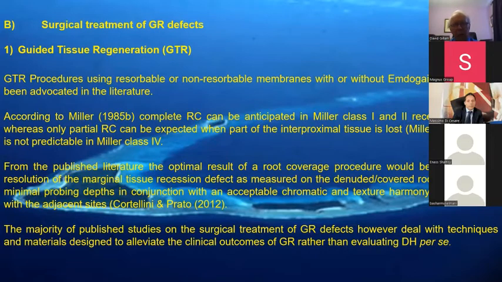And one thing I would say is that, looking at certainly the 10-year review figures with individuals who are very specialized, they recognize that there is a percentage of these defects that will once again start to show recession. Next slide, please.